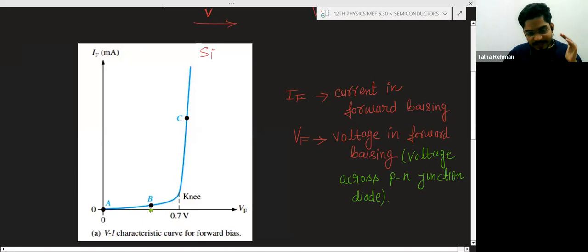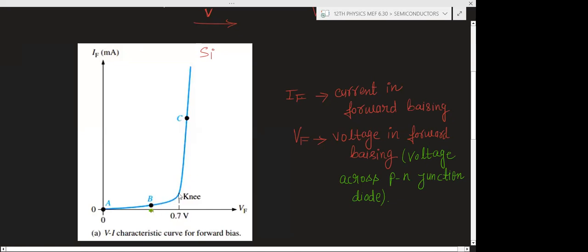When you increase some voltage, the graph is like this, showing the current is not increasing much initially. Again you increase the voltage from here to here, and again the current has not increased much.